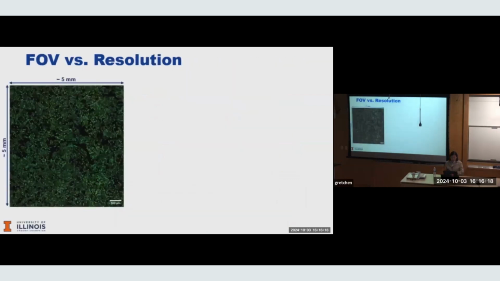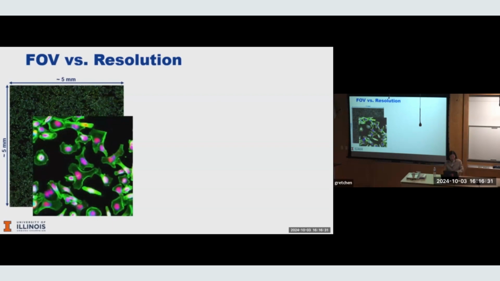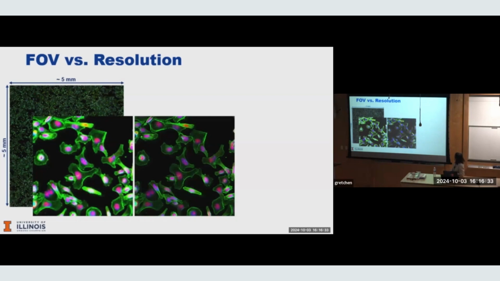But traditionally there is a trade-off between field of view and resolution. You can get a large field of view, but you settle for lower resolution. You can get high resolution, but you are limited by the high-NA lens you use.